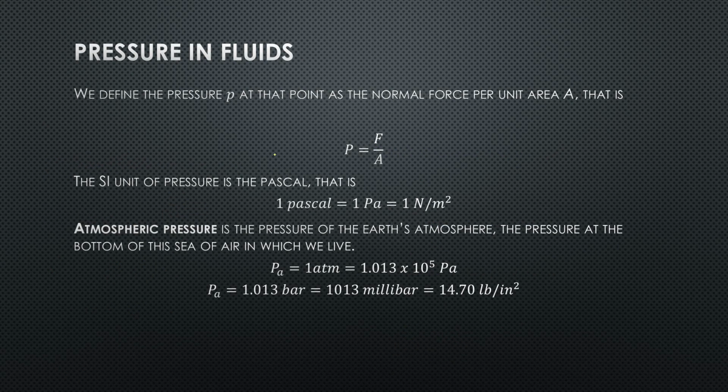Now pressure in fluids. We define pressure P at that point as the normal force per unit area. So pressure is equivalent to force over cross-sectional area A. Force in newtons, and area in square meters.